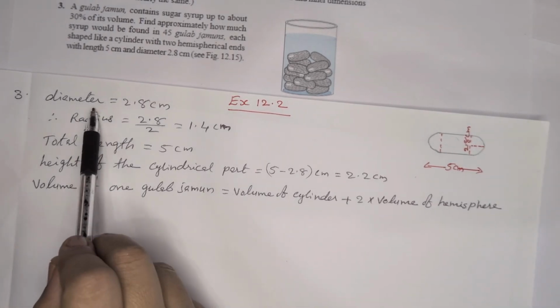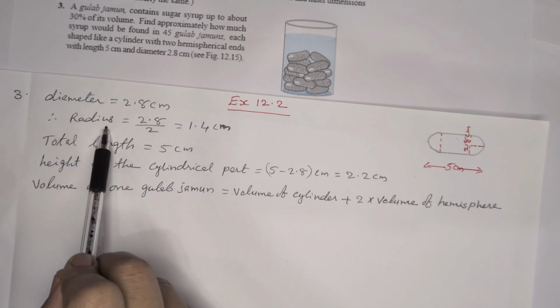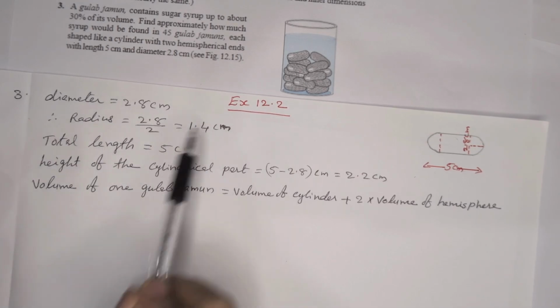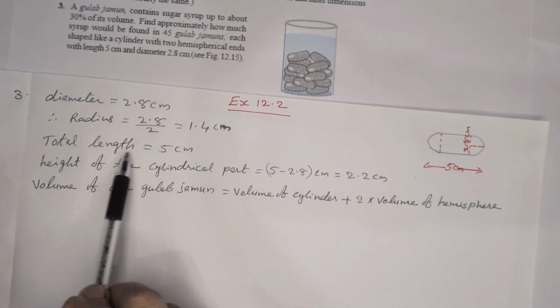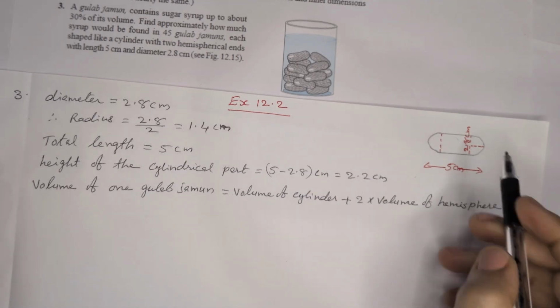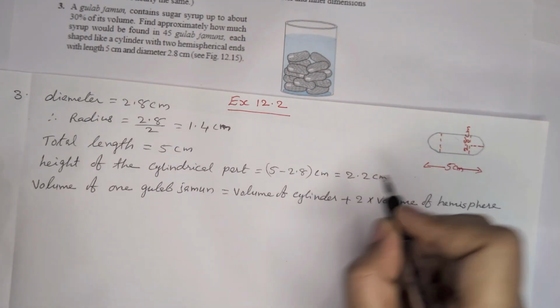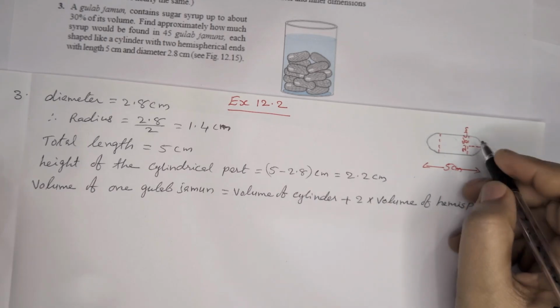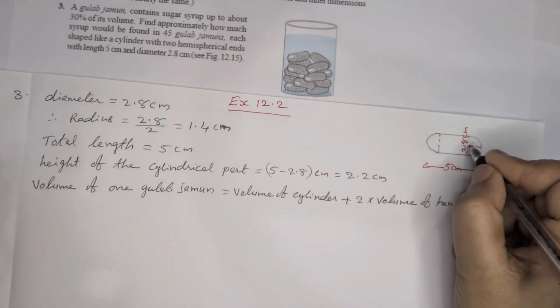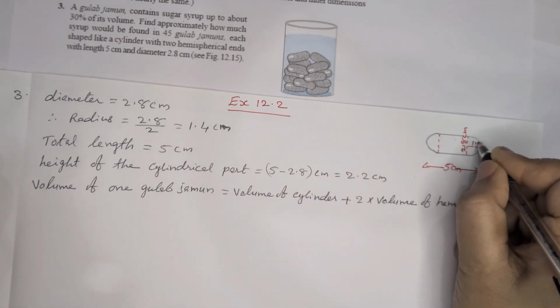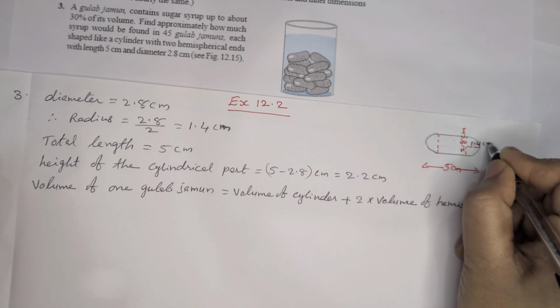So diameter is 2.8 cm, radius is half of that, 1.4 cm. Total length is 5 cm. Then the height of the cylinder is 5 minus 2.8. The hemisphere radius is half of the diameter, that is 1.4 centimeter here.